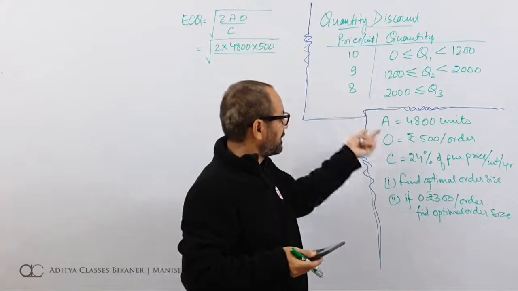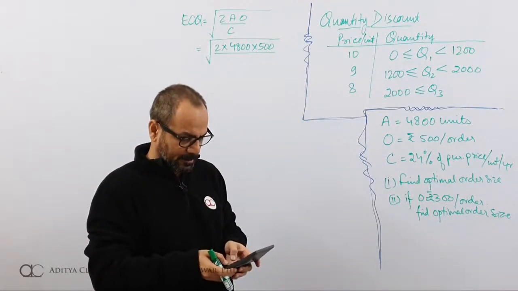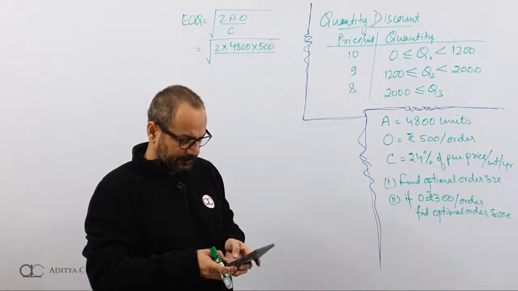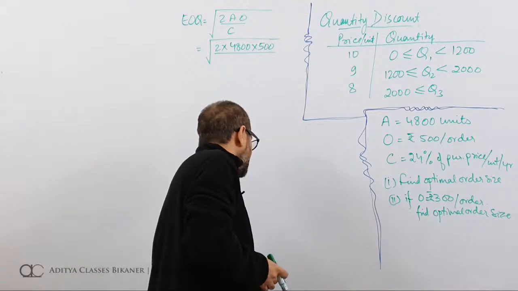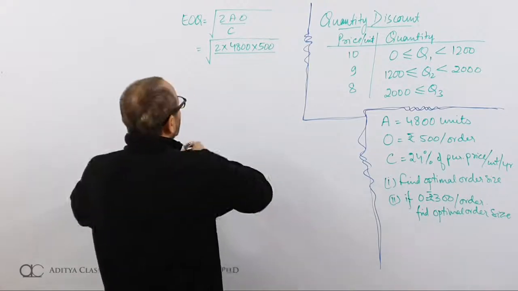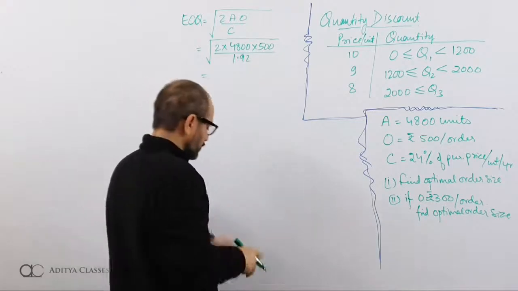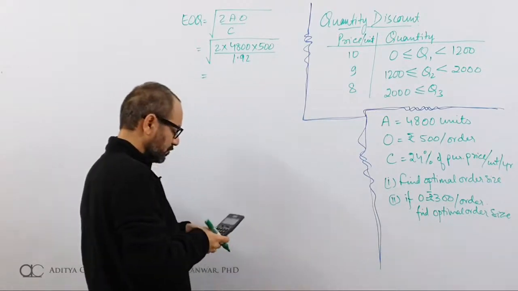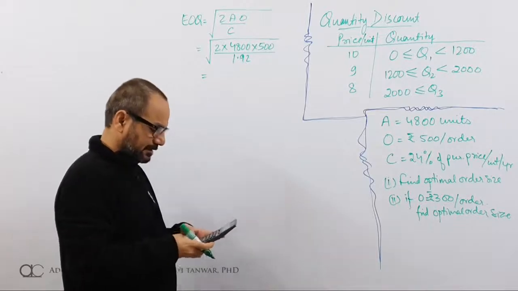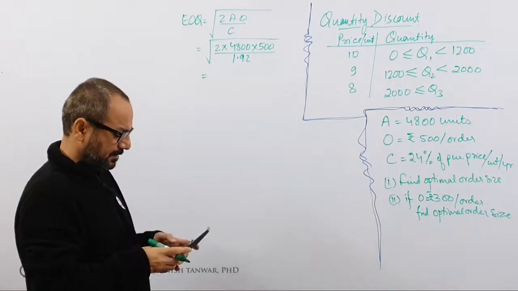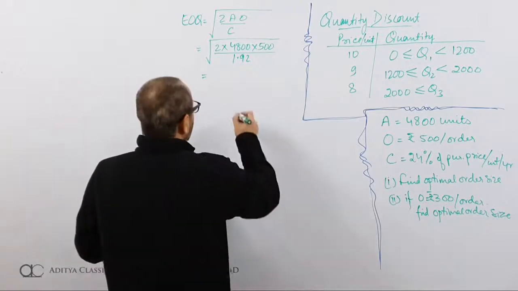If he is supplying at 8 rupees, the carrying cost becomes 24% of 8 rupees, which is 1.92. So the EOQ comes out as the square root of 2 multiplied by 4800 multiplied by 500 divided by 1.92, which is 1581.13.